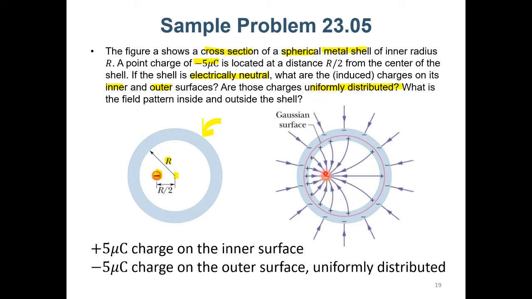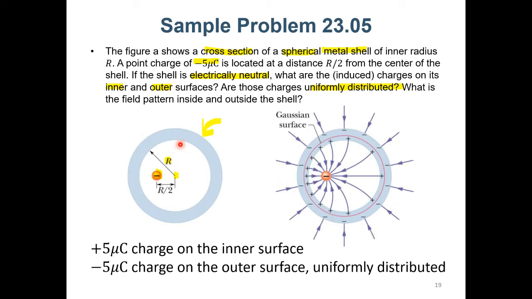Suppose the negative charge is close to the left side. For this part, the induced charge will be denser, and for these parts they will have less, it will not be so dense.